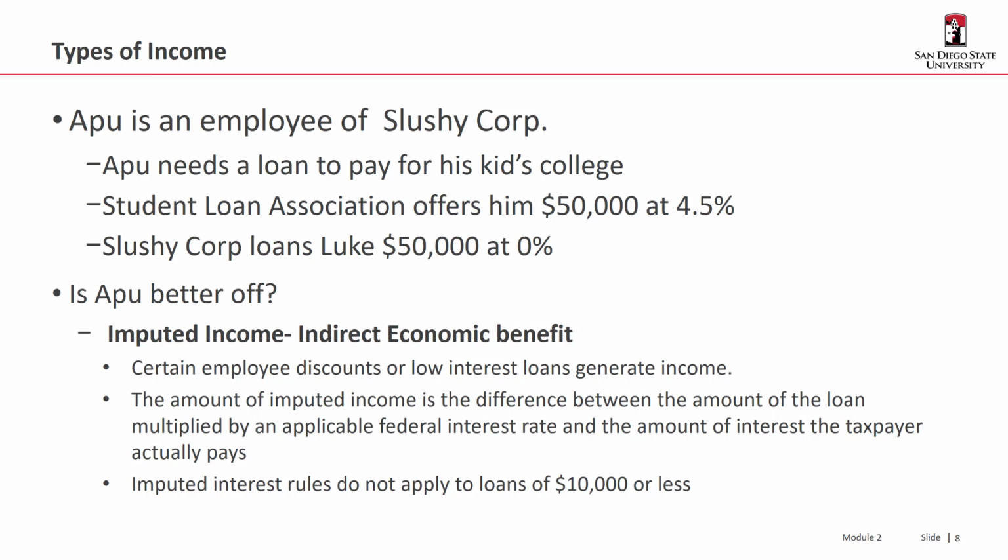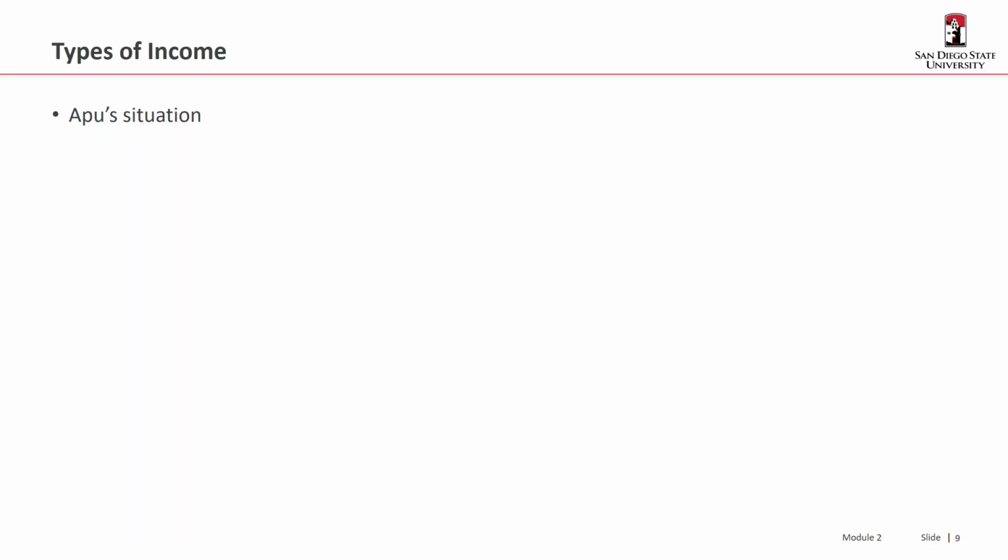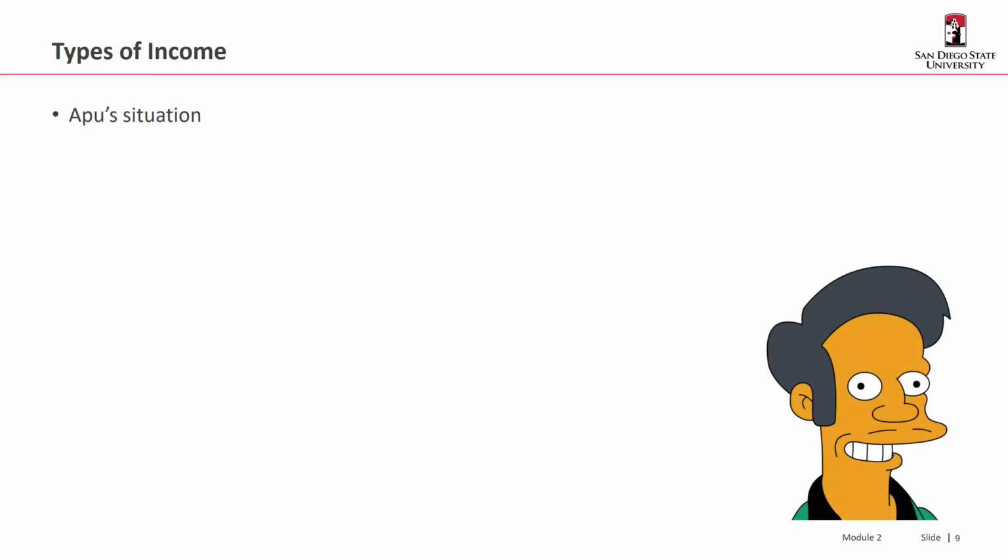So what happened is the IRS said, look, we know these loans happen all the time, and they do. And what we're going to do is we're going to publish what we think a reasonable market interest rate is for a loan of your duration. And if your stated interest rate is less than that, then that's imputed income, and you're going to have to work with that. However, the imputed interest rules don't apply to loans of $10,000 or less. So there's kind of a nuisance rule, like if you loan your buddy $500 and you don't charge him interest, no big deal.